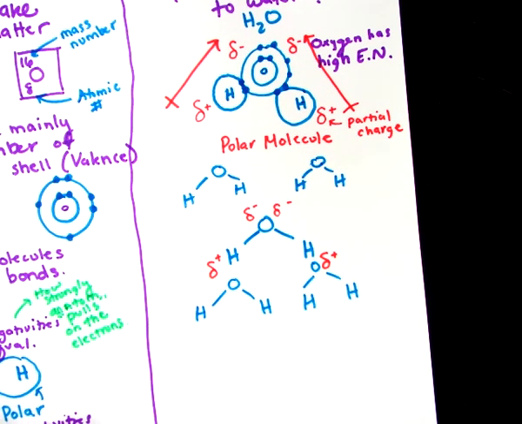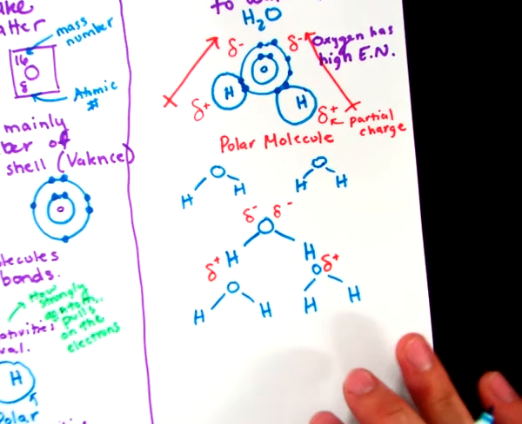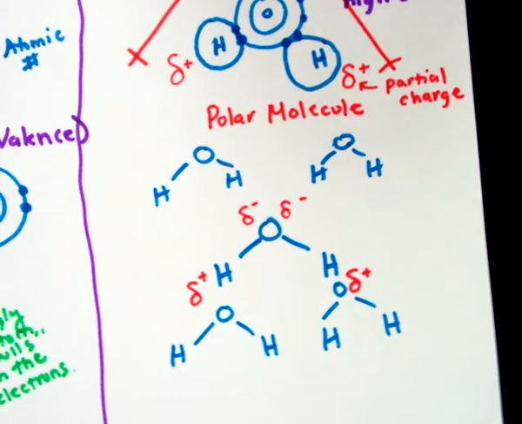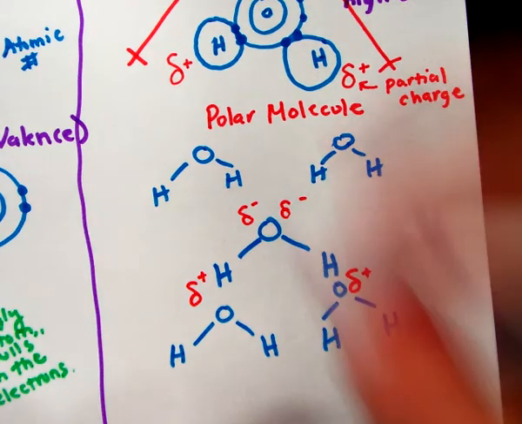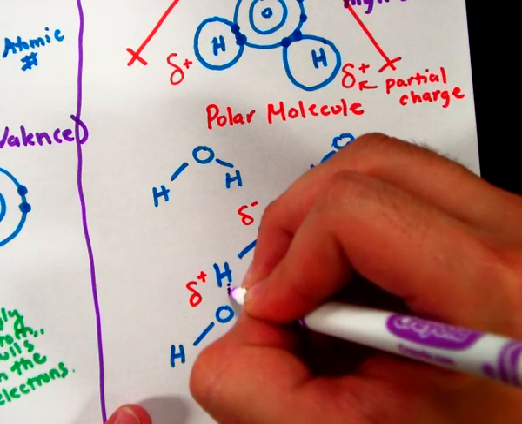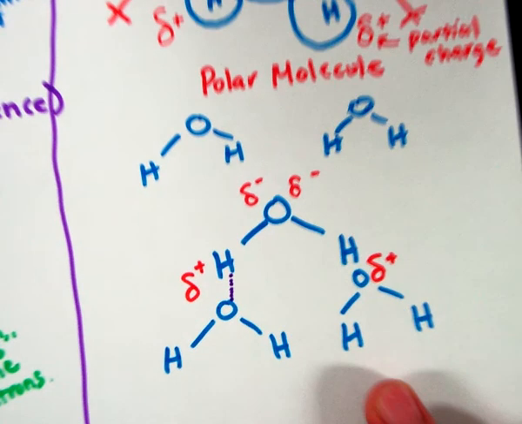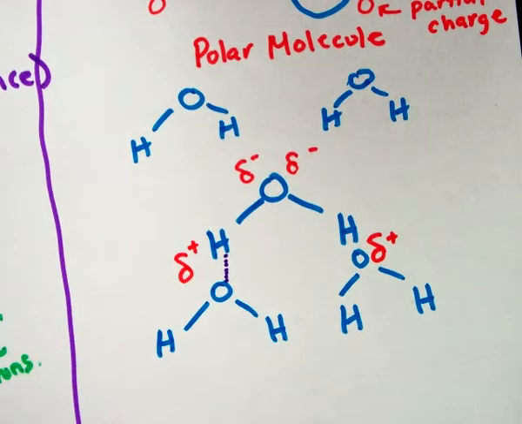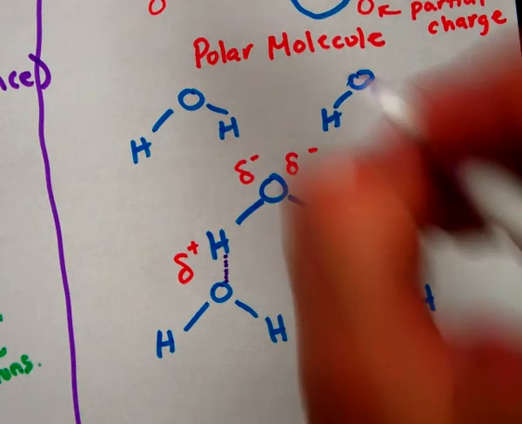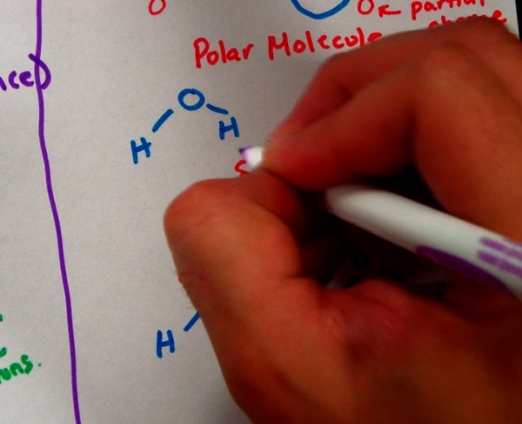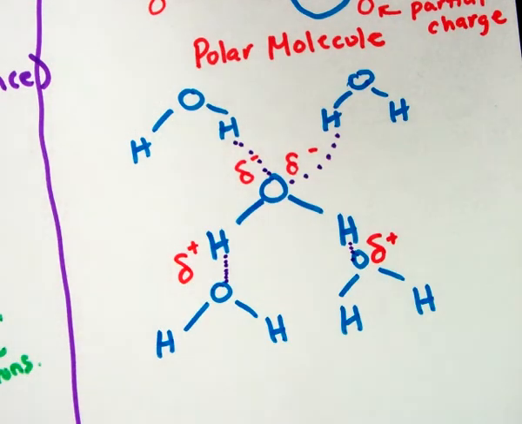If all of these molecules are polar, what tends to happen is that little interactions happen between the negative and the positive portions of these molecules. And so, for example, this hydrogen is going to form an interaction with the oxygen right there, right, because negatives attract positives.